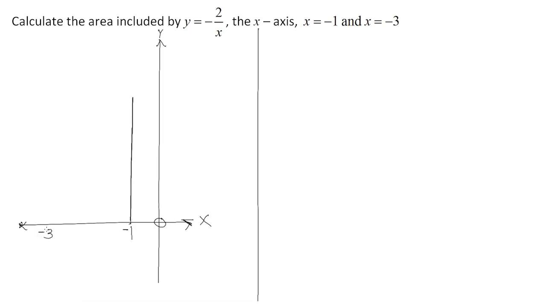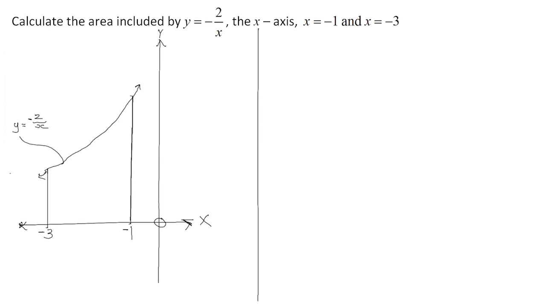I will also draw, but this one is down. And then I will just try, and that is my graph. And now I can just say here, obviously on here, y is equal to negative 2 over x. Now we have got the basic graph.